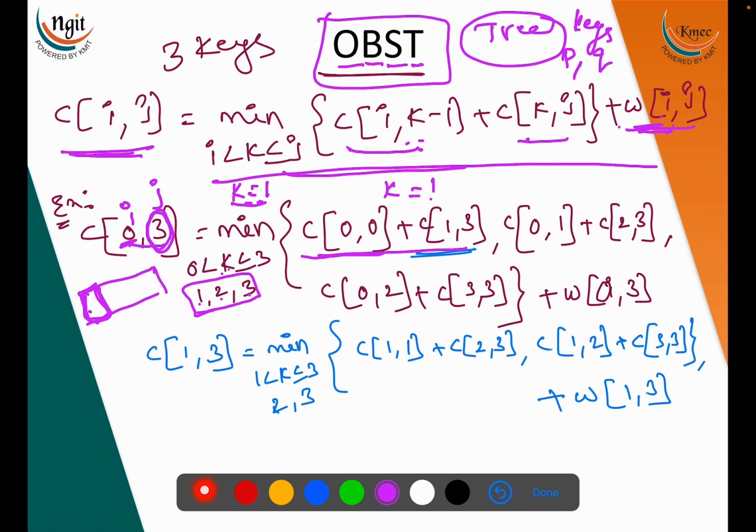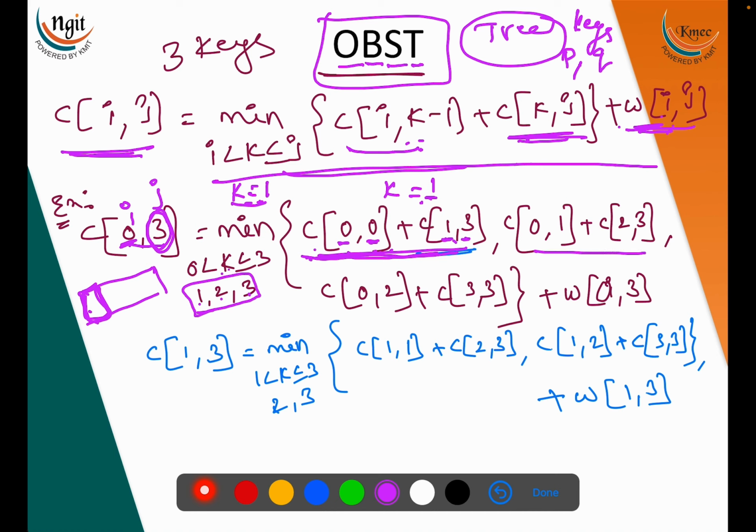According to the formula, this is C(i, k-1). I is 0, and k minus 1: my k value is 1, so 1 minus 1 is 0. It is C(0, 0). Now, plus C(1, 3). What is this 1? The k value. 3 is the j value. So this is the cost when the first key is in the root position.